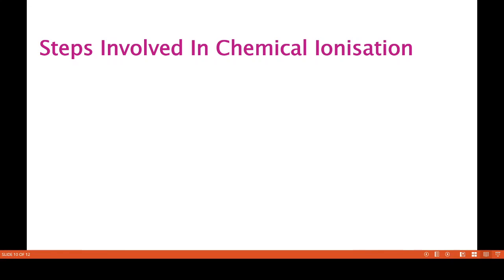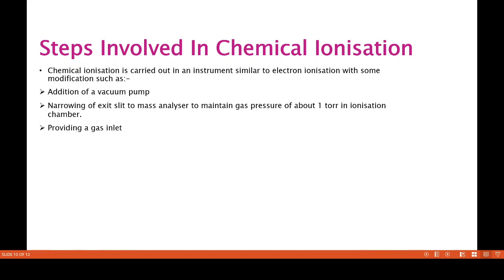Then we see the steps involved in chemical ionization. Before that, chemical ionization is carried out in an instrument similar to electron ionization, with some modifications. The first modification is the addition of a vacuum pump.